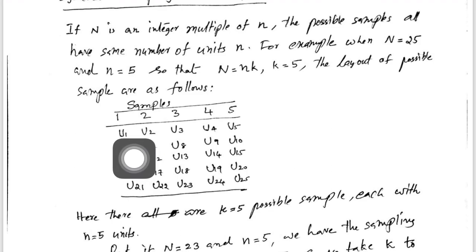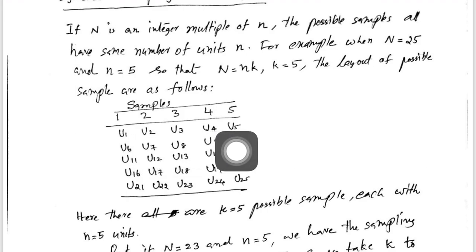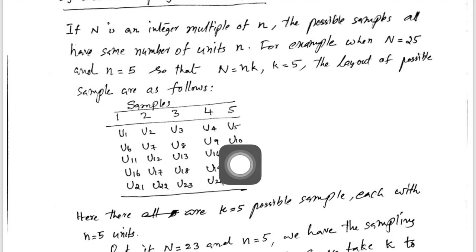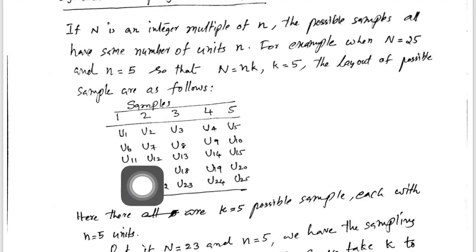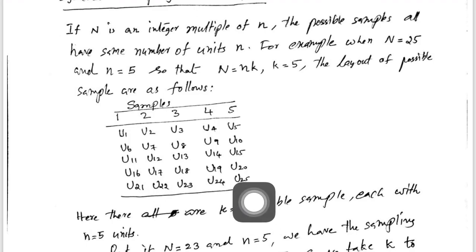So U1 is the first unit, U2 the second, third, fourth, fifth unit. Since k is equal to 5, I take the sixth unit in the next row: U6, U7, U8, U9, U10. Then the next units go into the third row, U11, U12, etc., up to the 25th unit, U25.